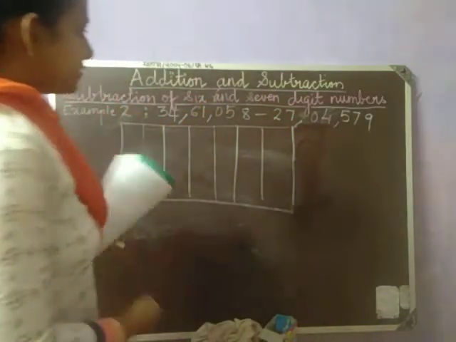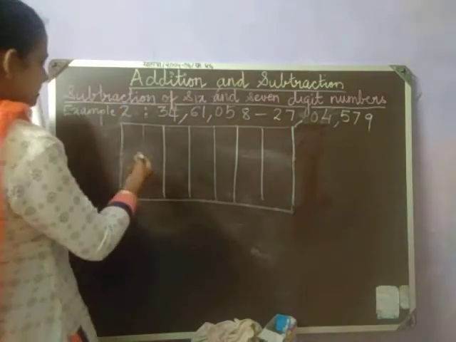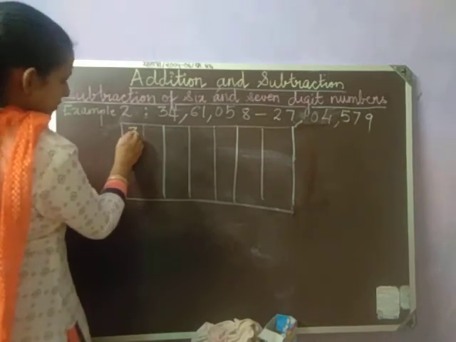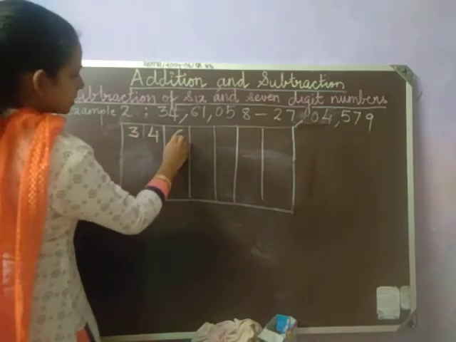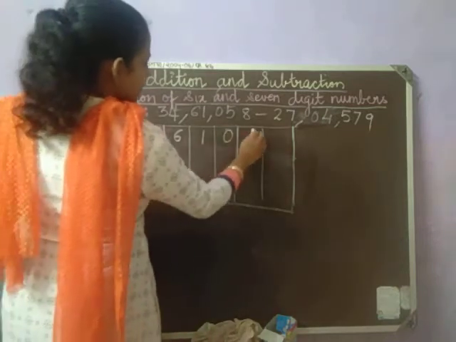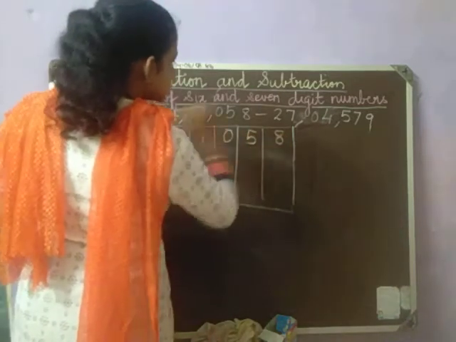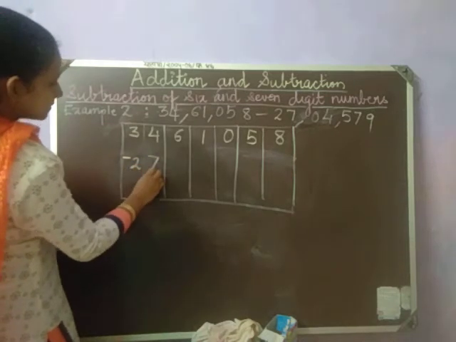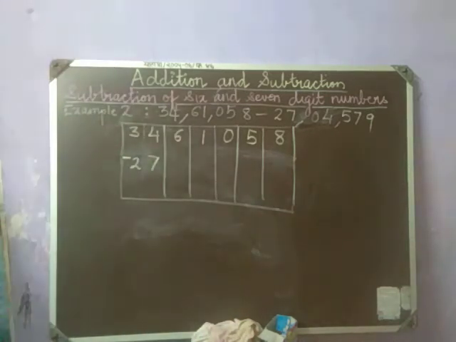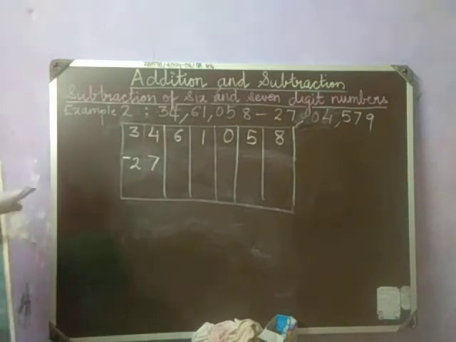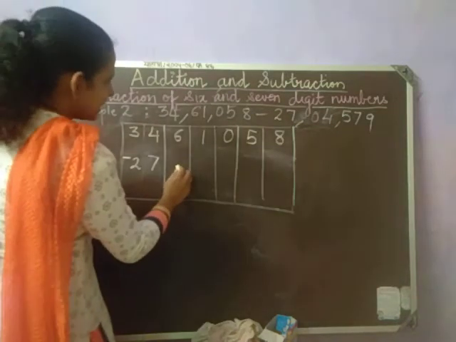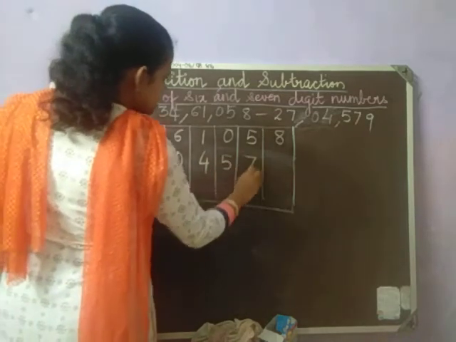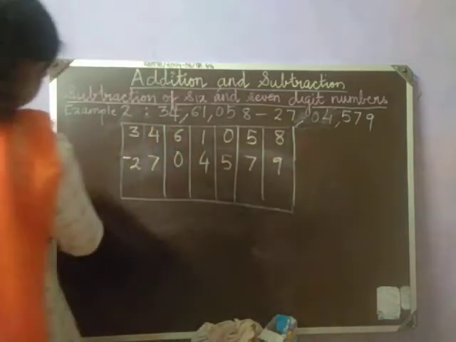Now let us write the numbers here. 34,61,058 is the first number, and the second number is 27 lakh 4,579.